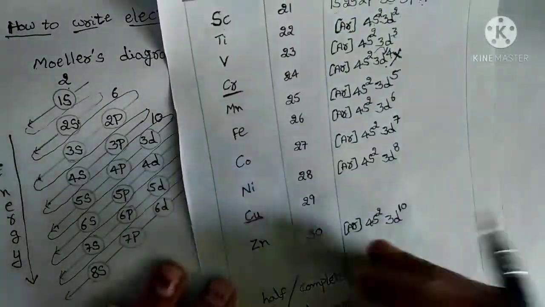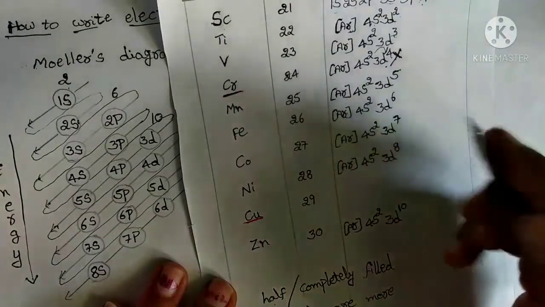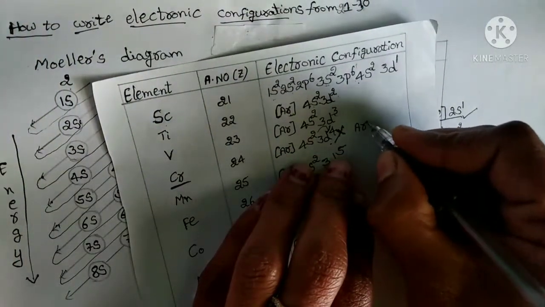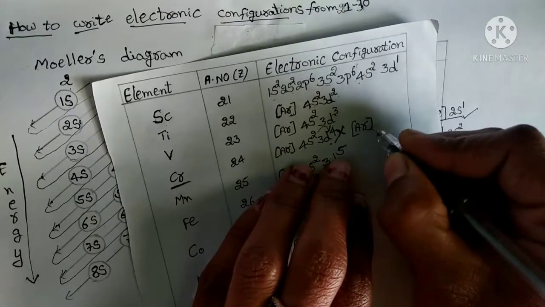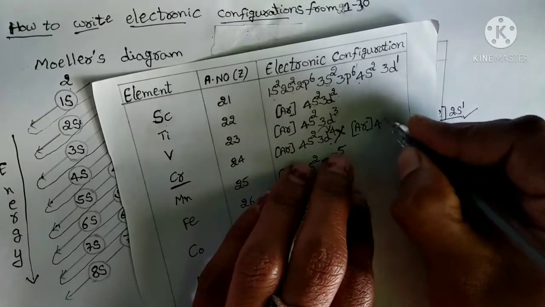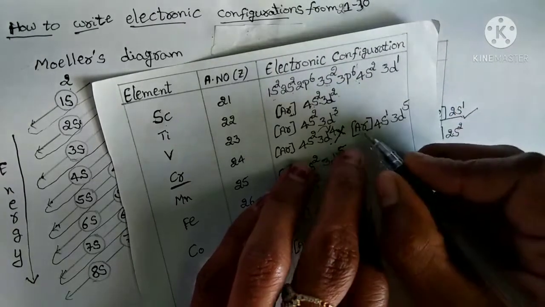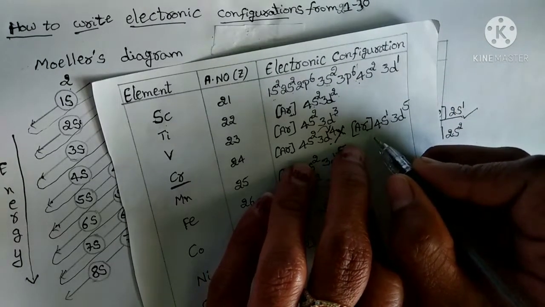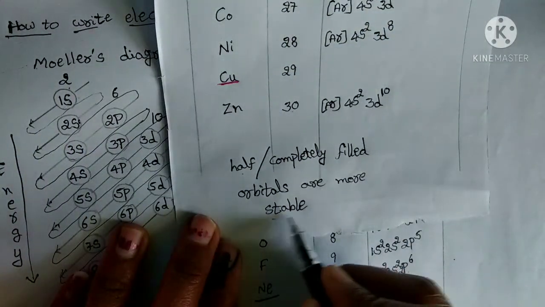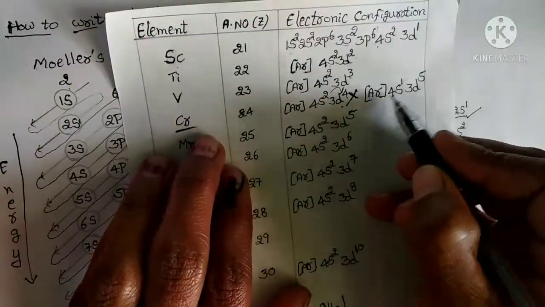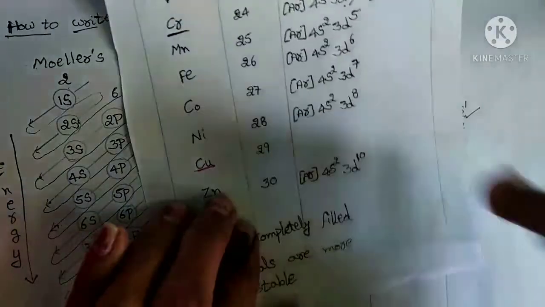So it will get more stability than the normal electronic configuration. Because of this reason, chromium is showing a different electronic configuration than the normal. So this is the electronic configuration of chromium, to become more stable.